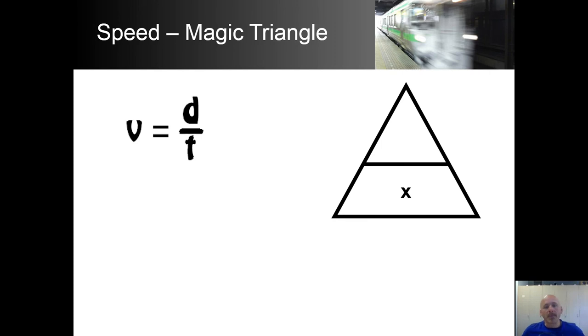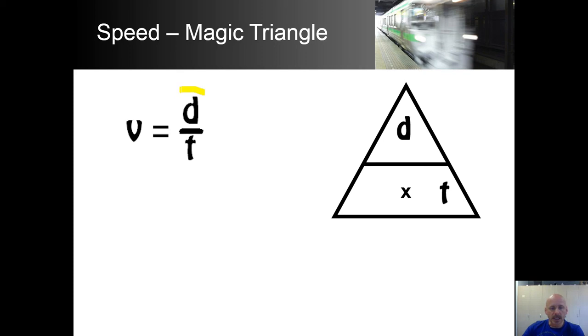Next we're going to look at a thing called the magic triangle. Sometimes you don't want to solve for speed, but you may want to solve for distance or time, and that's where this triangle comes in very handy, especially if you have difficulties with algebra. So we draw this triangle and add the letters d and t to it.